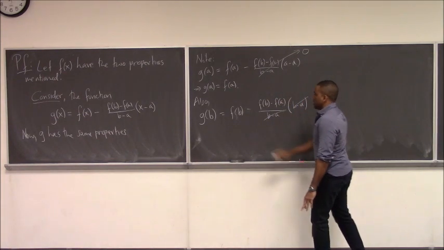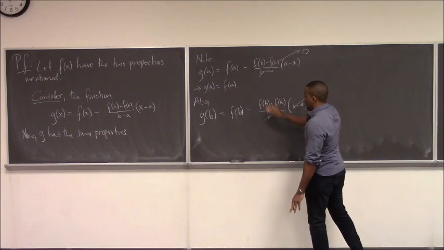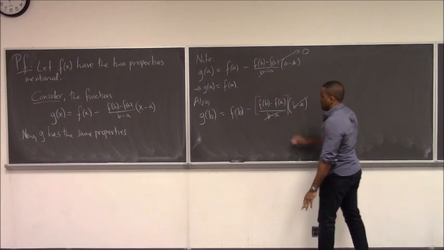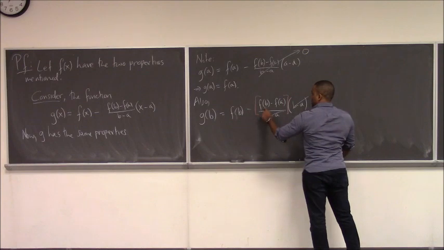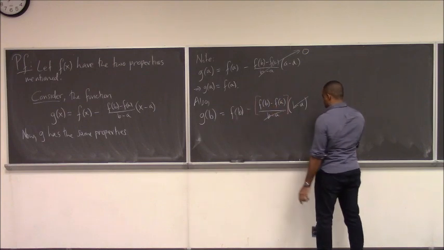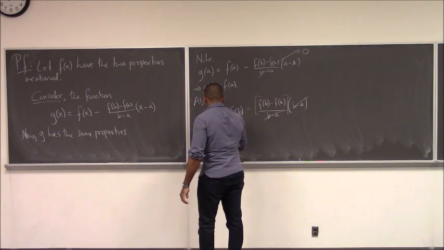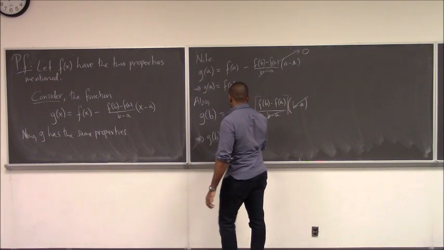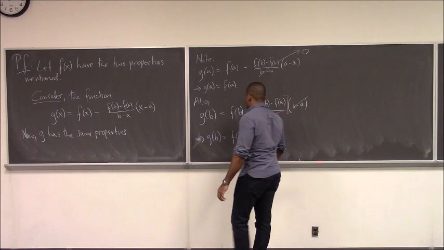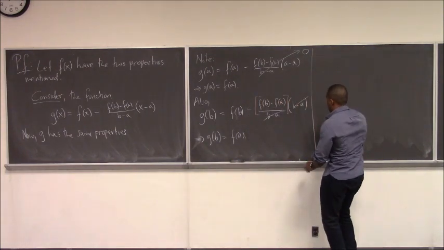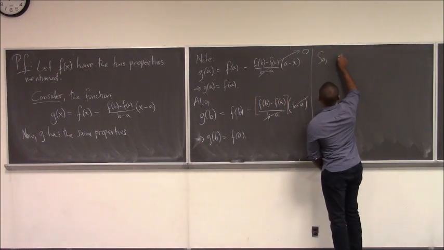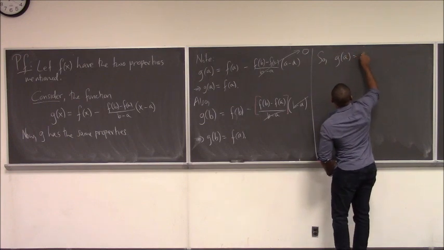That's going to cancel this. And if I take f of b minus this, I'll have f of b minus f of b minus f of a, gives you positive f of a. So then I get g of b equals f of a. So you have g of a equals g of b.